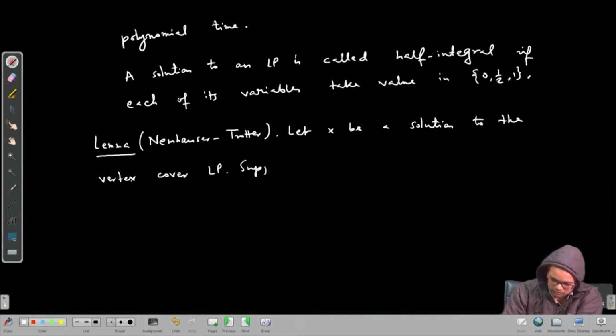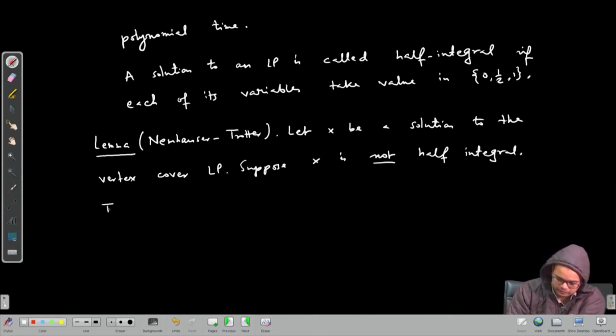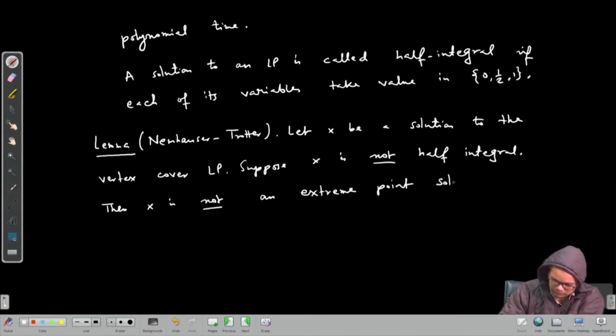Suppose X is not half integral, then X is not an extreme point solution of the LP.